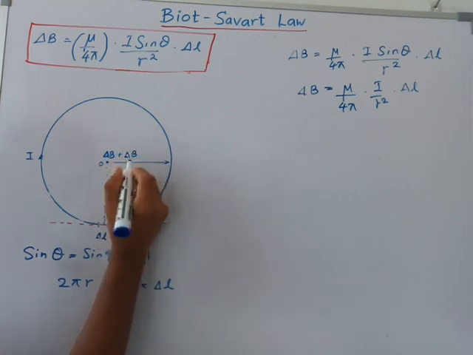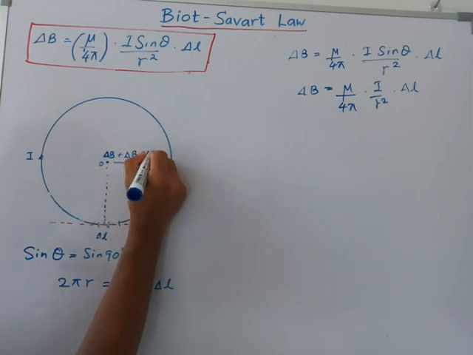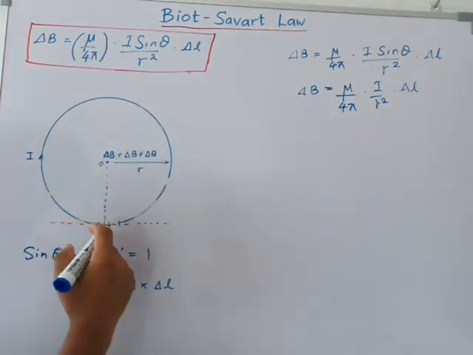Similarly, if I take the next consecutive element, that is going to be another delta B. Like that, I have to take capital N number of terms.